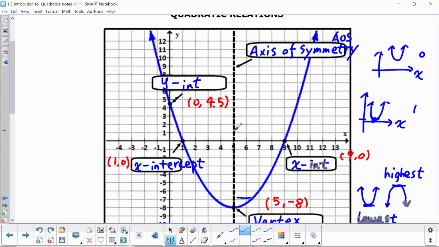So the axis of symmetry is a vertical line, and on a vertical line, all the x coordinates are the same. So the equation for this line is x equals 5. The slope is undefined, or infinite, because you have the rise of 1, but the run is 0.